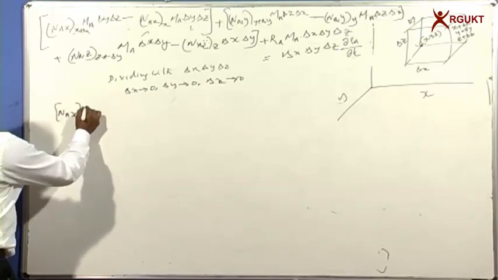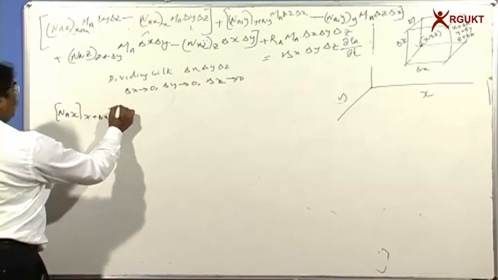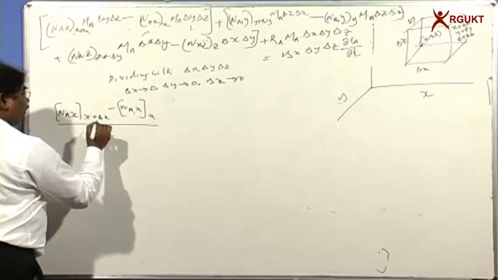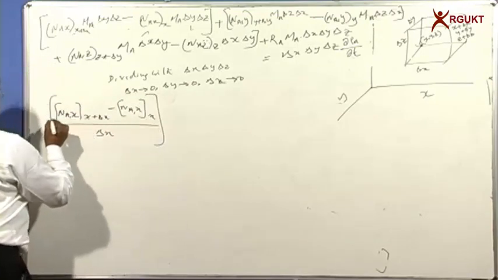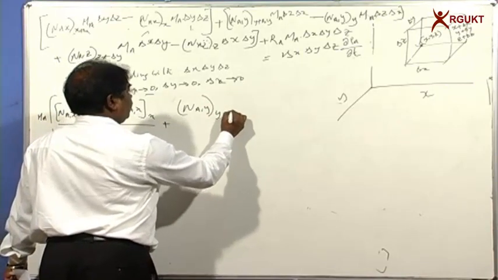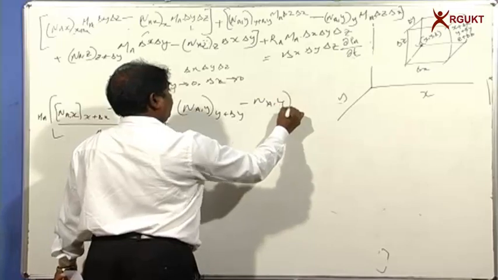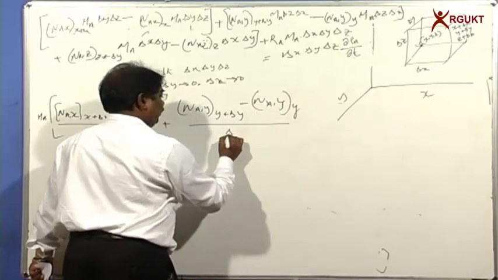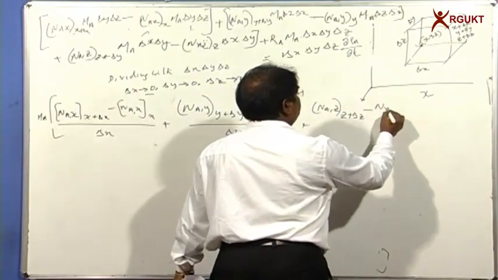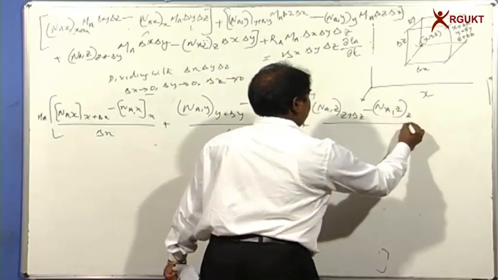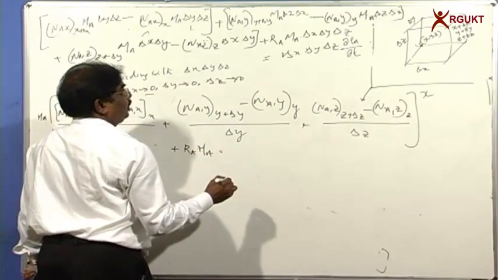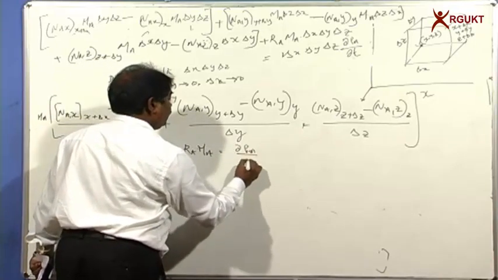NAx at x plus delta x minus NAx at x divided by delta x whole multiplied by MA, plus NAy at y plus delta y minus NAy at y over delta y, plus NAz at z plus delta z minus NAz at z divided by delta z, whole multiplied by, plus RA into MA, that is equal to dou rho A by dou t.